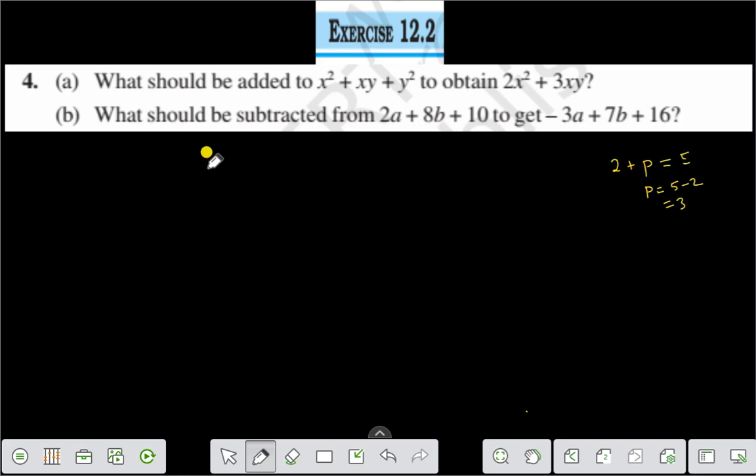In the same way, you have to do, what should be added to x square plus xy plus y square to obtain 2x square plus 3xy?